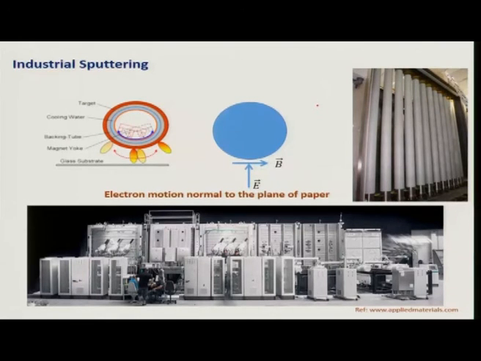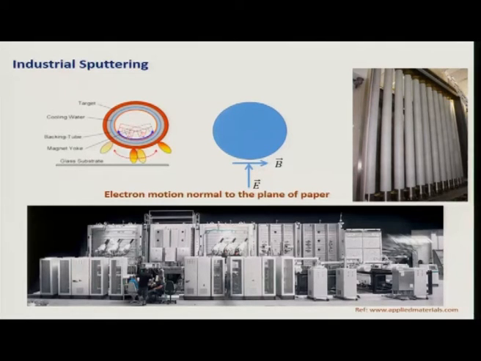This is an industrial scale physical vapor deposition tool of Applied Materials, and this is mainly for sputtering. So, this is one sputtering chamber where you have an array of cathodes in the form of long cylinders. What is inside this cylinder is this magnet.